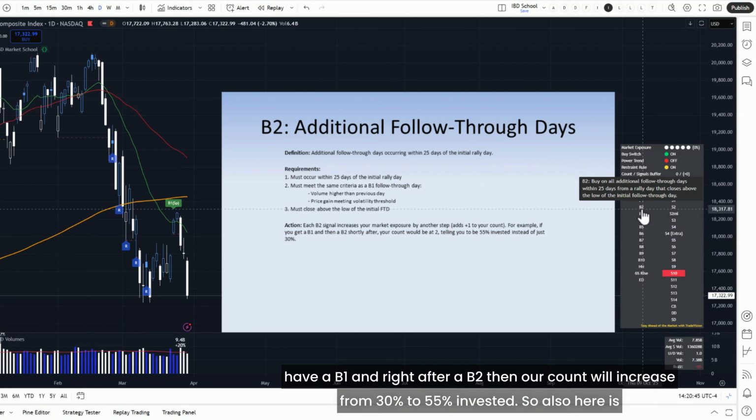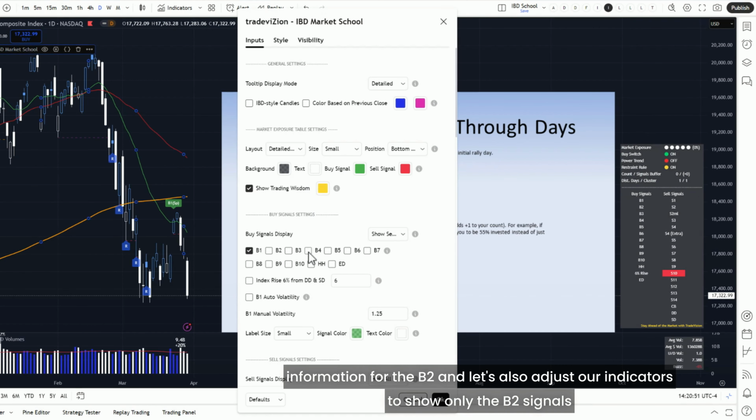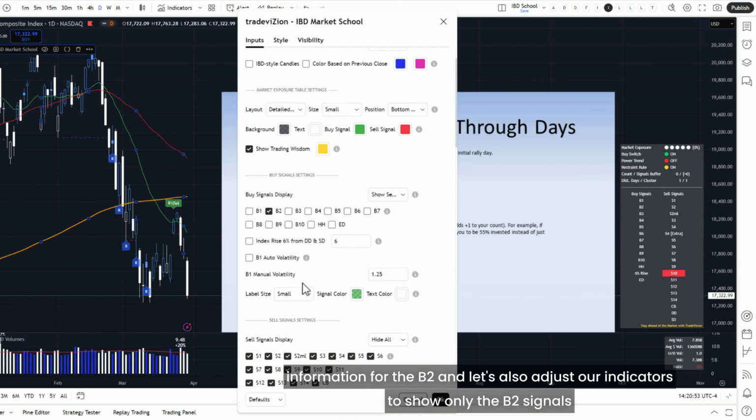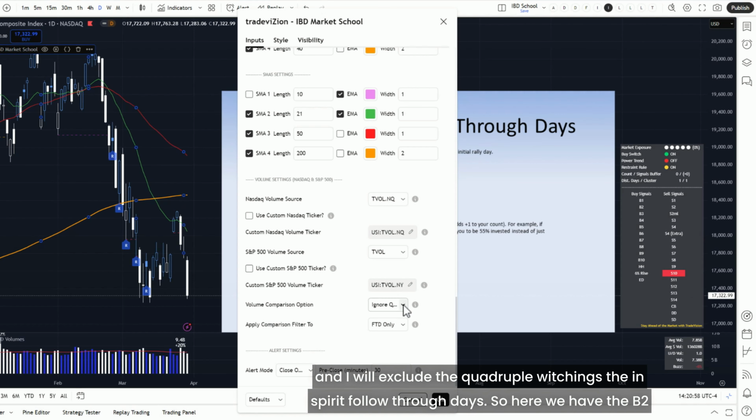So also here is the information for the B2, and let's also adjust our indicators to show only the B2 signals, and I will exclude the quadruple witchings, the in spirit follow through days.